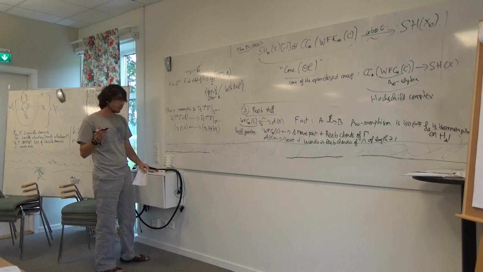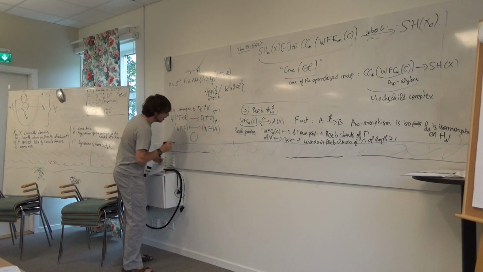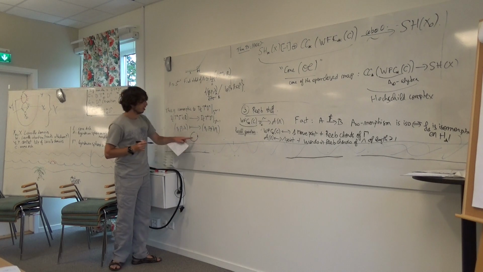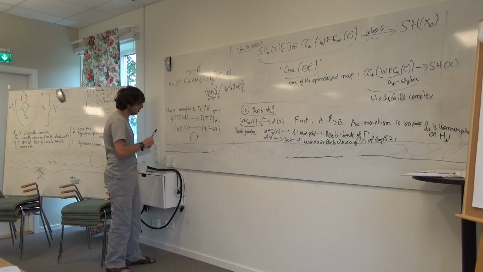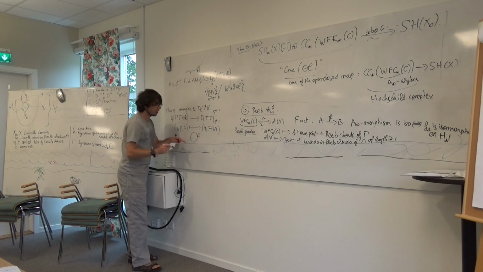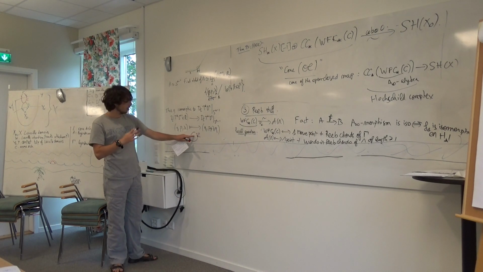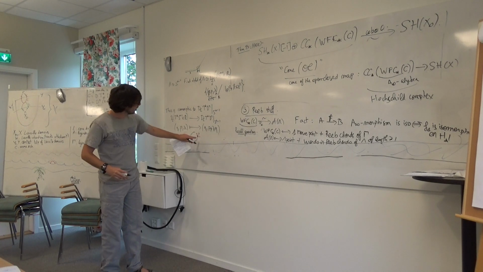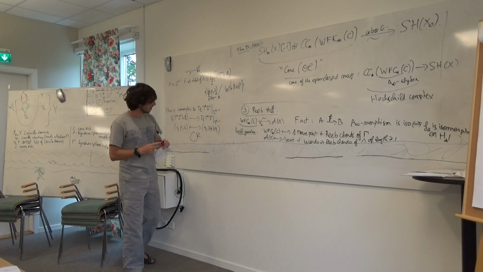And if I want to draw a picture, when I take a tangent vector here, I just split it into a radial coordinate and a non-radial one. This is radial and this is not radial.